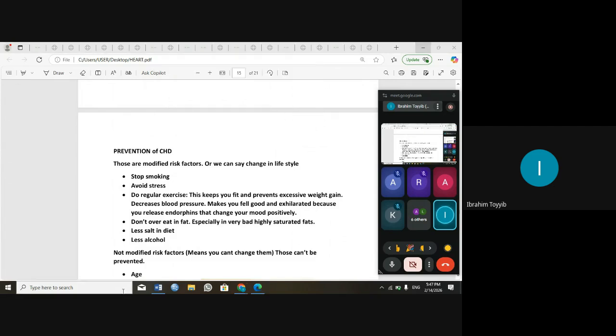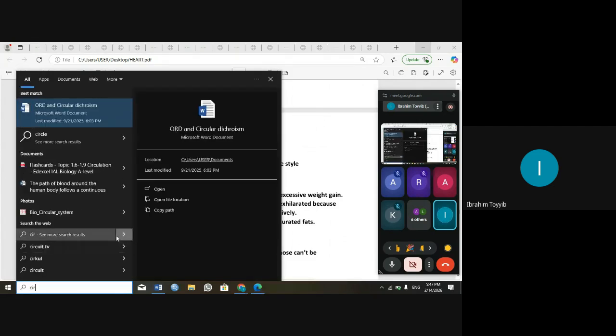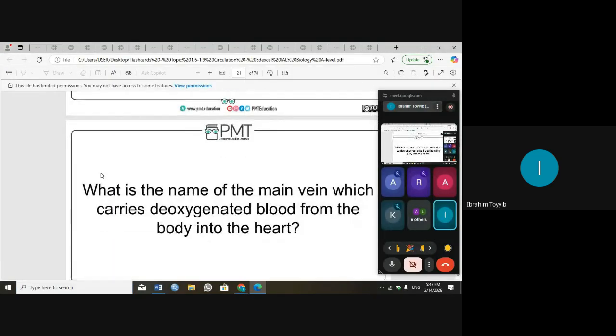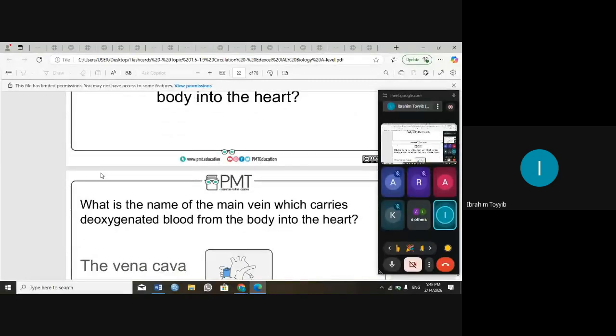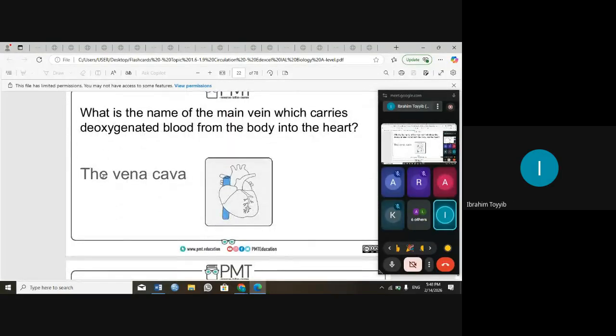Let me go to this thing again. So it is the vena cava.